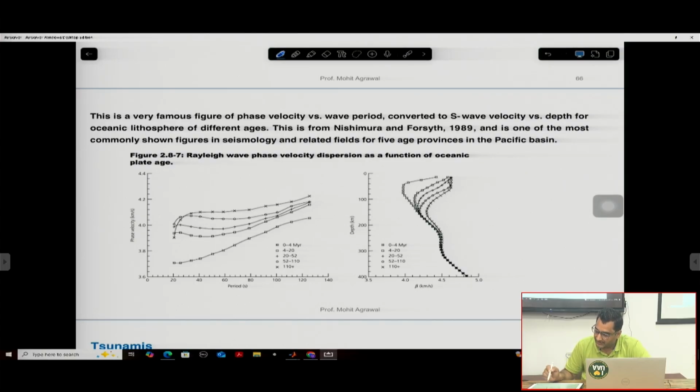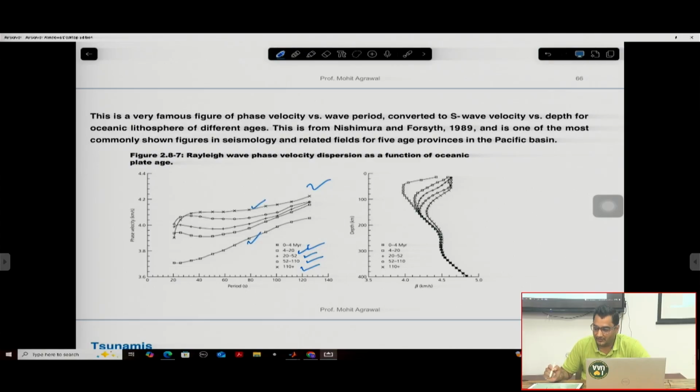So you can see these dispersion curves are computed for different age crust in the Pacific Basin. So you can see one is for 0 to 4 million years, another is for 4 to 20 million years, and then 20 to 52, 52 to 110 million years, 110 plus million years. Okay, so this is the oldest and this is the youngest.